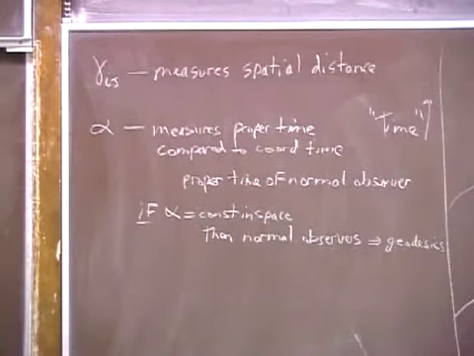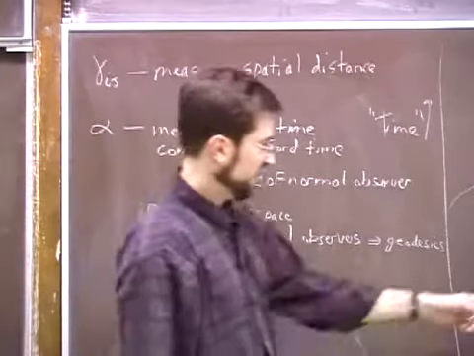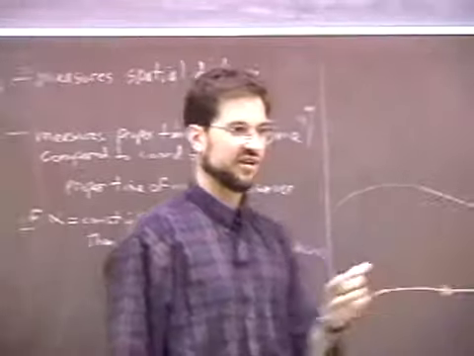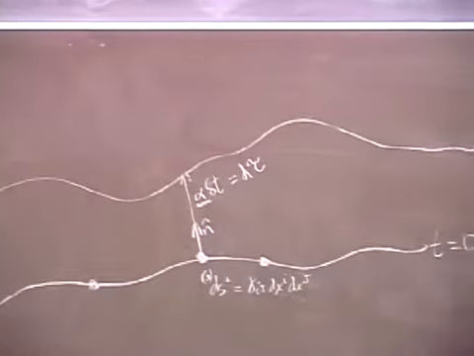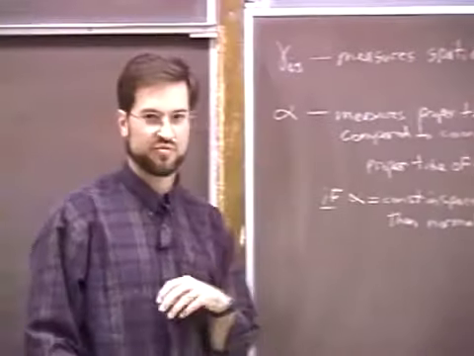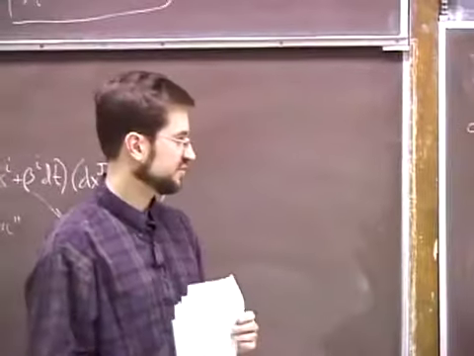But if you wanted to, you can give each one of these graduate students a rocket engine and let them accelerate, and you'd have an alpha that's not constant in space. But this is just a way of parameterizing your coordinate freedom.